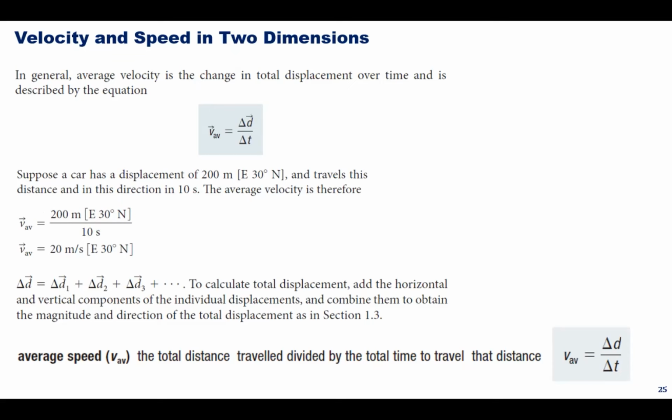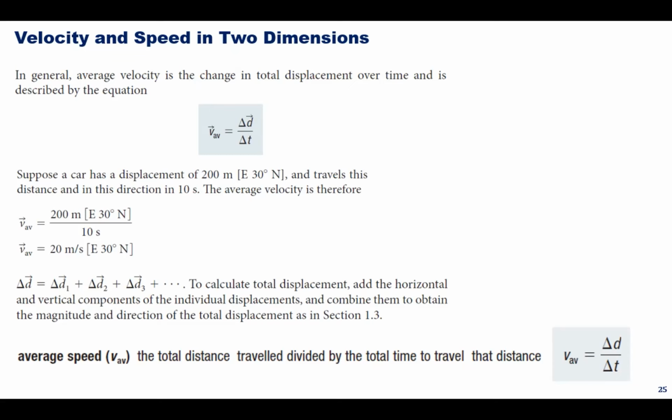Okay, and this car travels this distance and in this direction in 10 seconds. Then we know the average velocity is given by V average equals the displacement, which is 200 meters, 30 degrees north of east, divided by the 10 seconds, which is 20 meters per second. The direction is 30 degrees north of east, which is the same as your displacement, right?